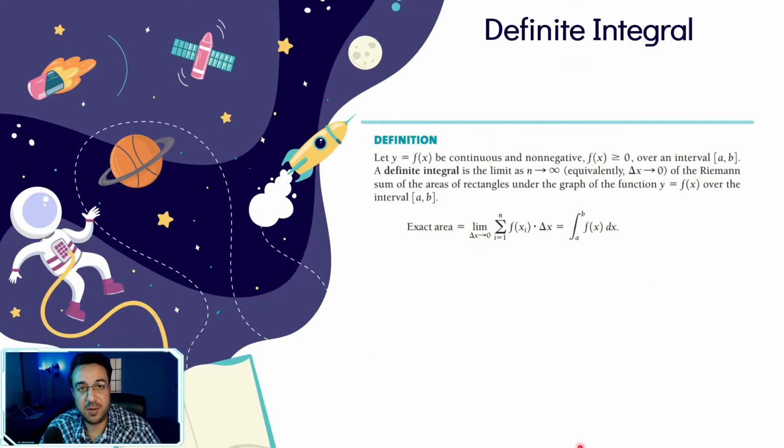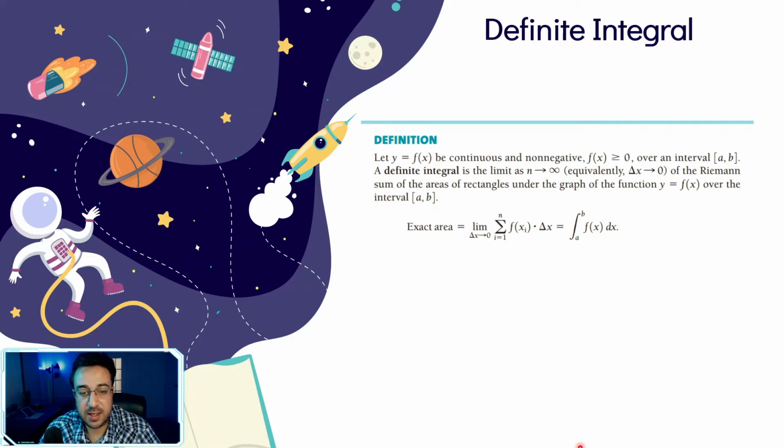If we let y equal the function f of x, which makes sense, that function is continuous and it is positive, it's not negative. And f of x greater than or equal to 0 over an interval a and b is a definite integral. So the definite integral is the limit as n approaches infinity, which is equal to delta x approaching 0, of the Riemann sum of the areas of rectangles under the graph of the function y equals f of x over the interval a and b.